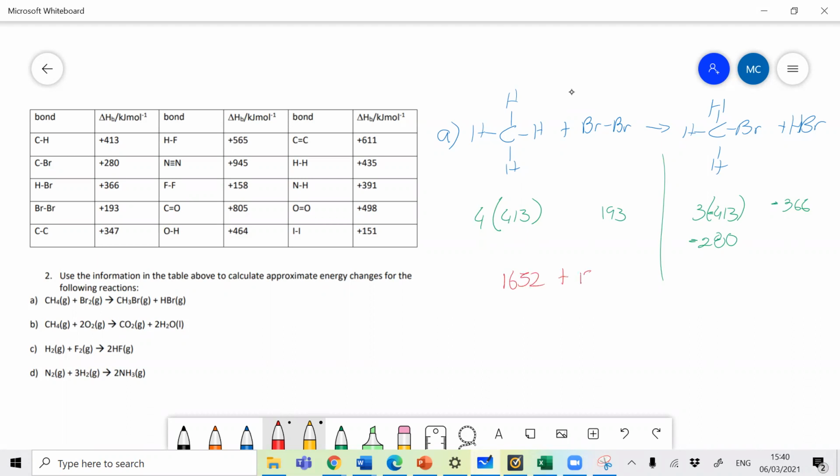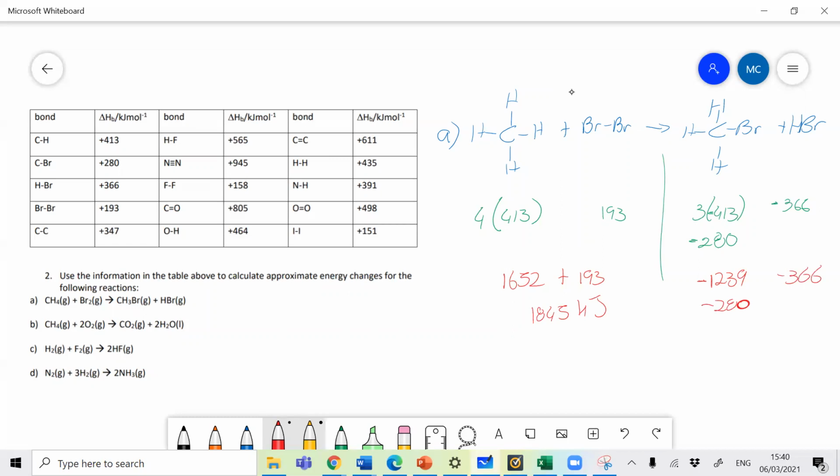So this will be 1652 plus 193, which will then give a value of 1845. So we have 1845 kilojoules in the bond breaking, and you're going to have 413 times 3, 1239 in the bond making, minus 280, minus 366.